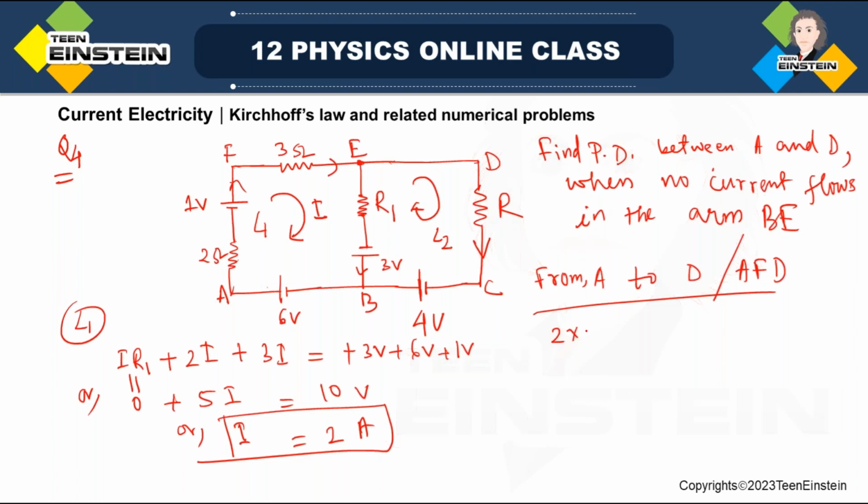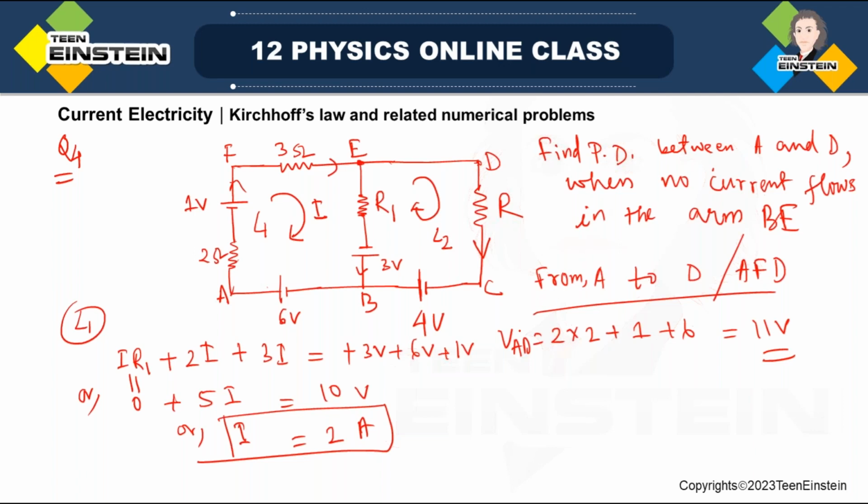This will be 2 into 2. And what is the voltage here? This will be 1 volt. And what is the drop here? 6 volt. And see, E point and D point are the same. So BAD will be this actually. So this will be 4, 5, so 11 volt.